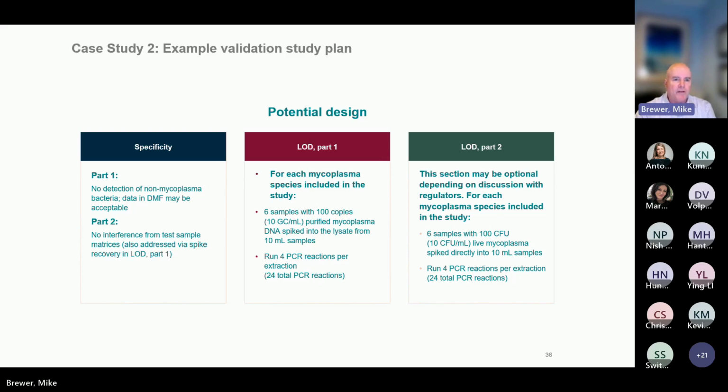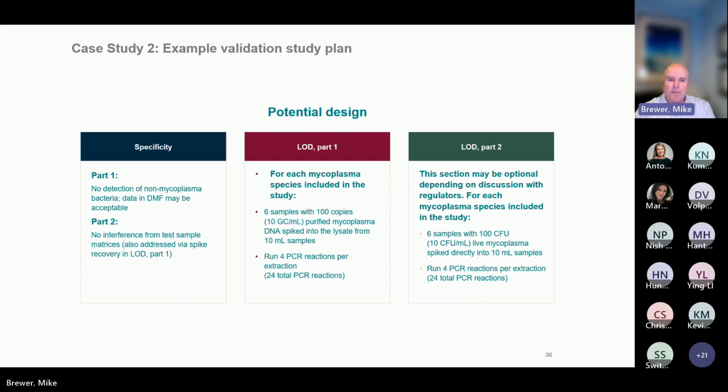For LOD part one of the study, for each Mycoplasma species included, there were 6 samples with 100 copies, or 10 GC per mil, of purified Mycoplasma DNA spiked into a lysate from the 10 mil samples, with 4 PCR reactions per extraction for a total of 24 PCR results. For LOD part 2, and our early adopters actually validated just like this, we used both pure DNA as well as live Mycoplasma.